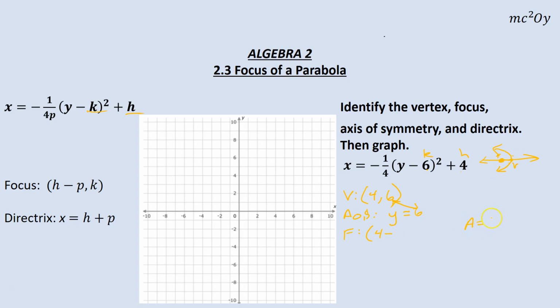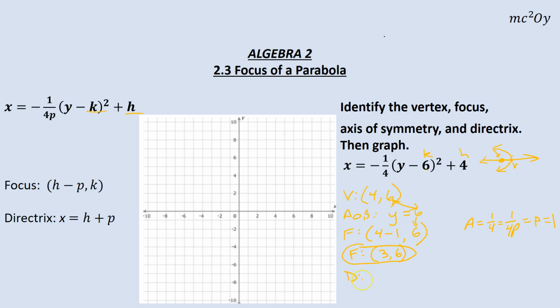So using a is equal to 1/4, which is equal to 1 over 4p. So in this case, p equals 1. And so we subtract 1. And we have 6. Notice all three of these, once again, were the same. So my focus is actually 3, 6.